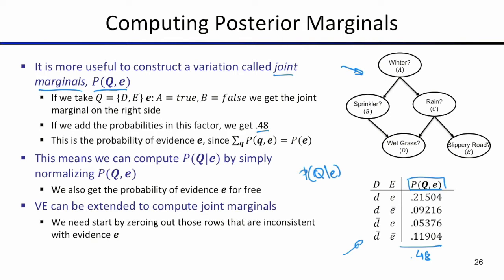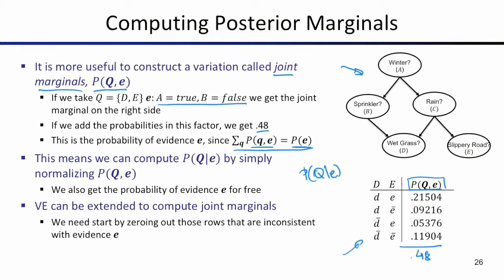So basically what we are doing here is using case analysis. We know that if we sum all the probabilities of Q and E together for all possible values of Q, we get P of E. This is going to be the probability of the evidence, in this case the probability of having A equal true and B equal false.